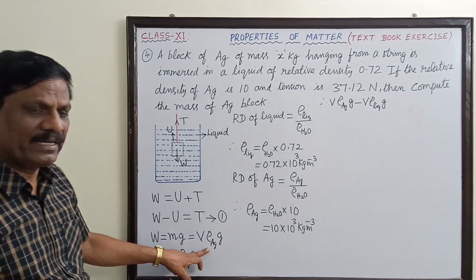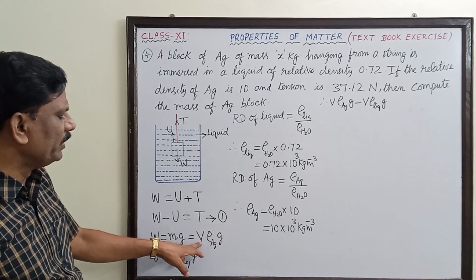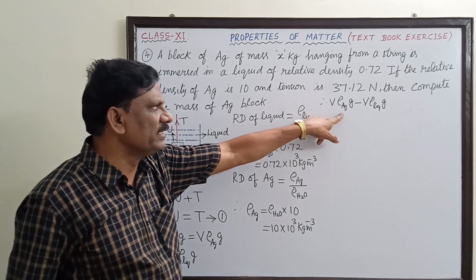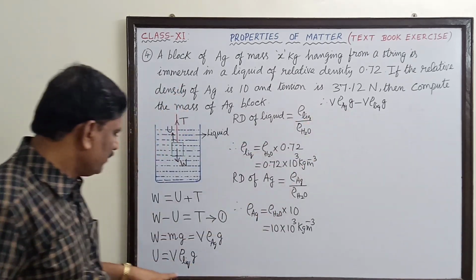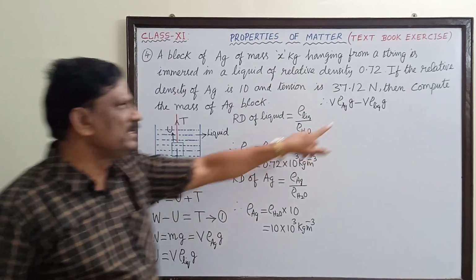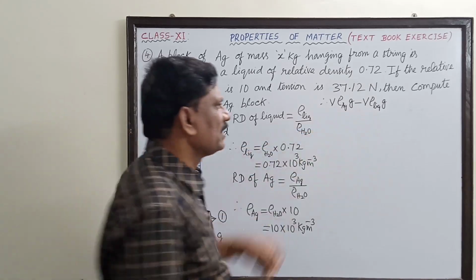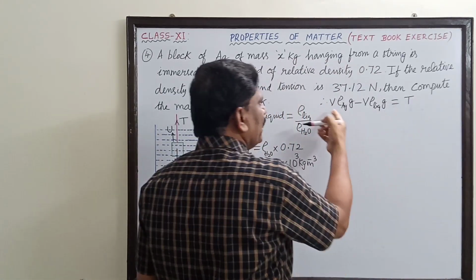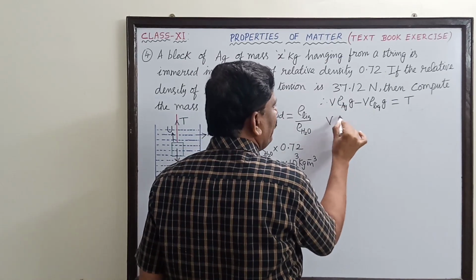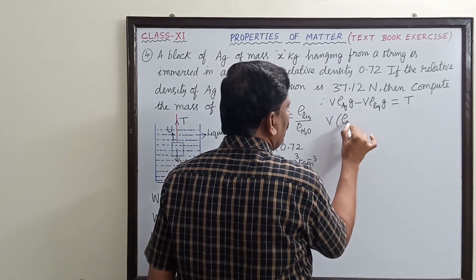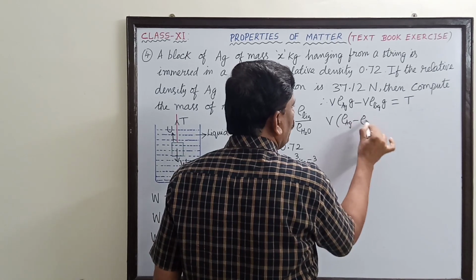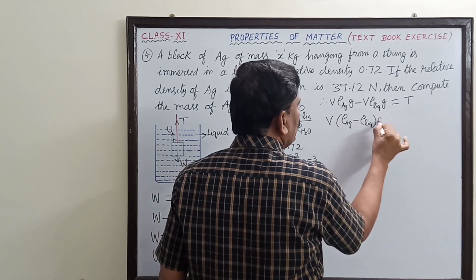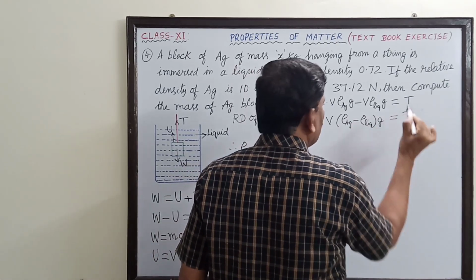So you look here, what I have substituted: V into rho silver into g, that is weight, minus V into rho liquid into g, that is the upthrust, and that is equal to what? Tension T. Now on the left hand side V is a common factor: V into rho of silver minus rho of liquid into g, that is equal to T.